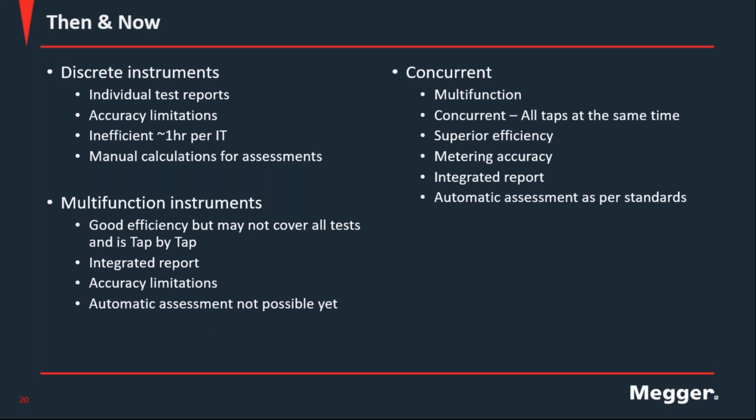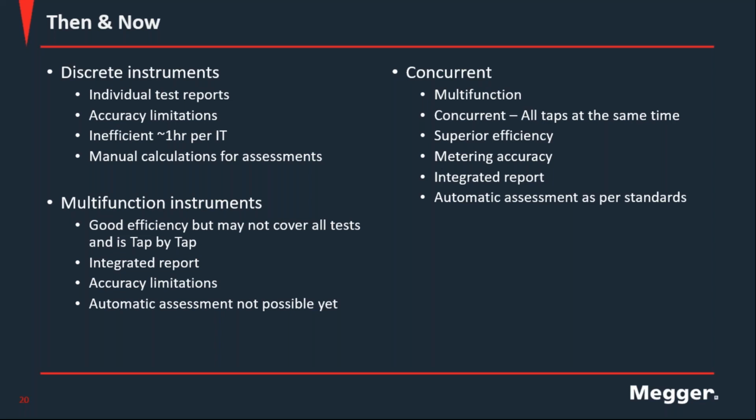So it's important to consider an instrument or a tool that can help you expedite the testing. And even if you do it with discrete instruments, if you want to run the assessments, you will need to run manual calculations using those results from the tests.